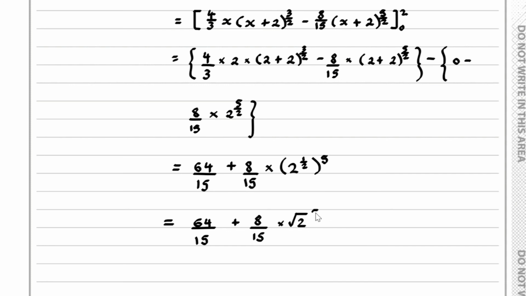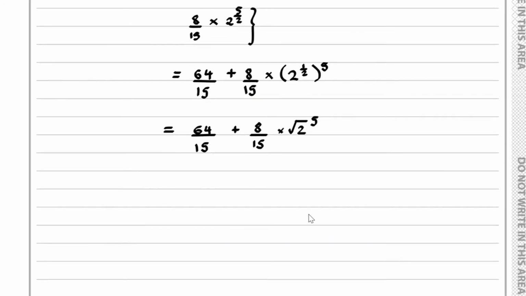So I've got square root 2 to the power of 5, which is the same as 64 over 15 plus 8 over 15 times by square root 2 to the power of 4 times by square root 2. That's the same as square root 2 to the 5. And square root 2 to the power of 4 is just 4.